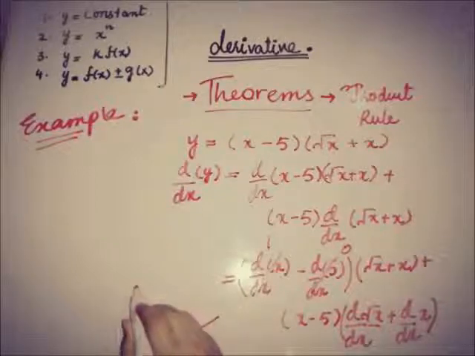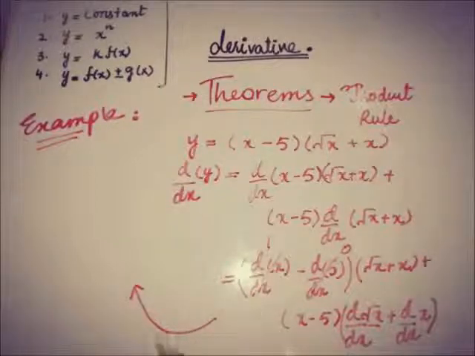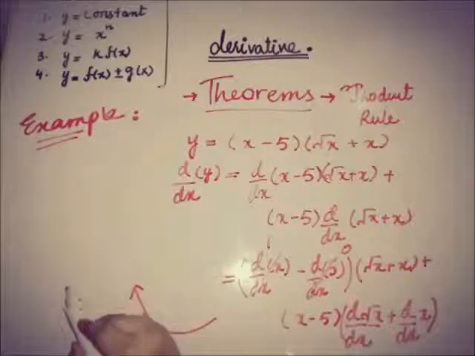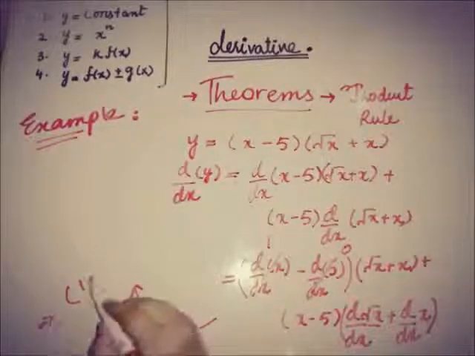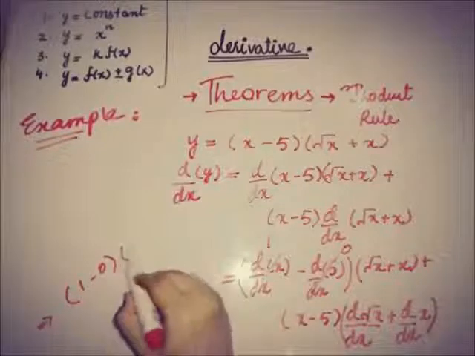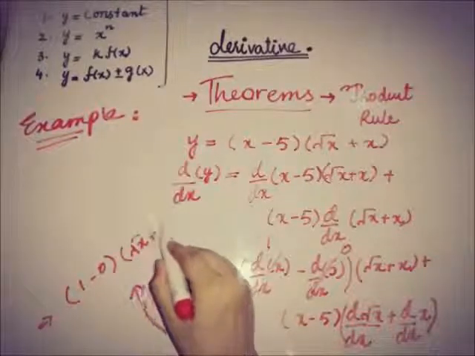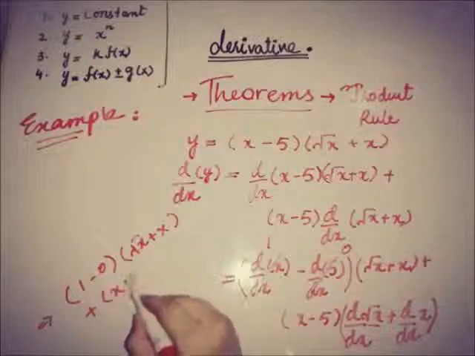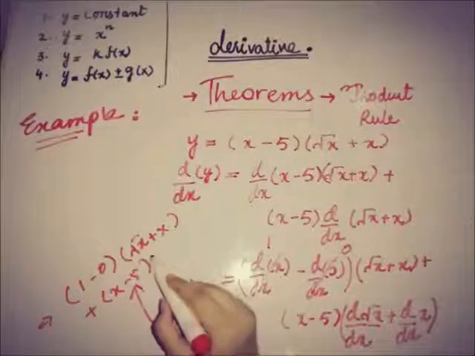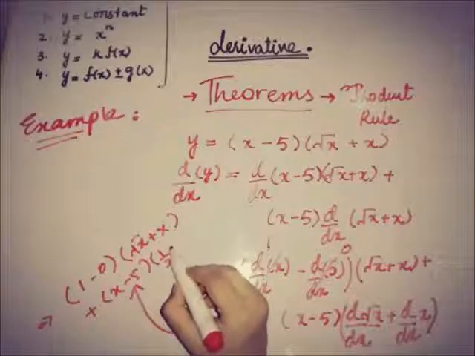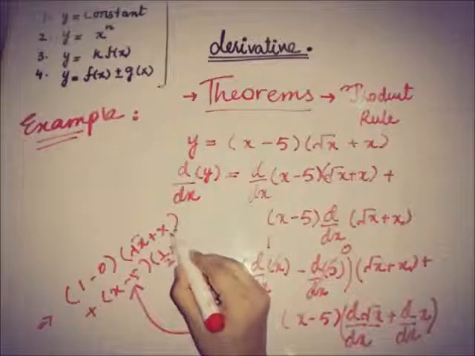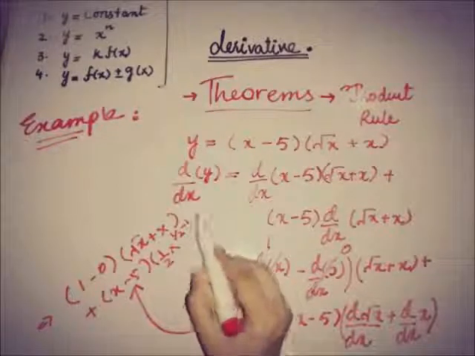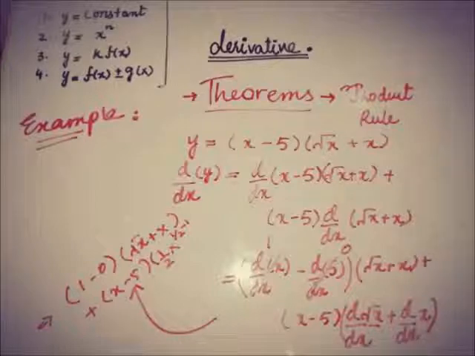So it comes out as 1 minus 0 times square root of x plus x, plus x minus 5. By applying the theorem, the half comes down, the power decreases, 1 by 2 minus 1, and dx by dx is obviously 1.